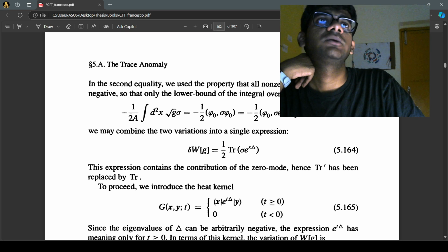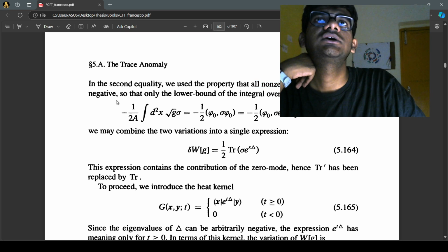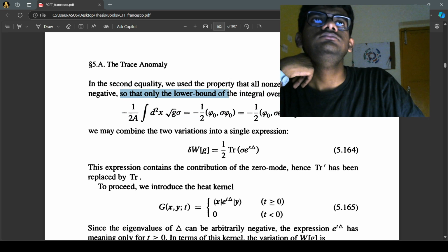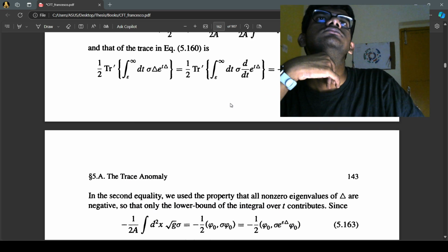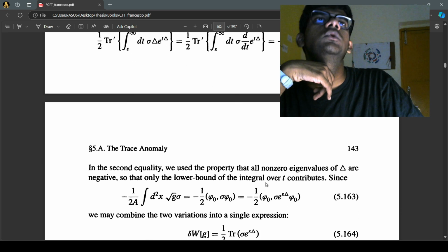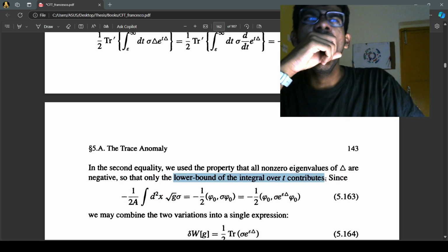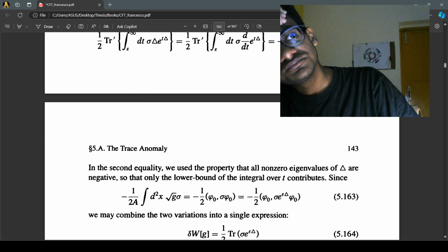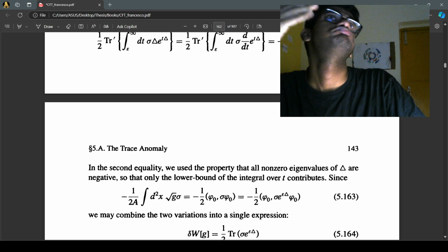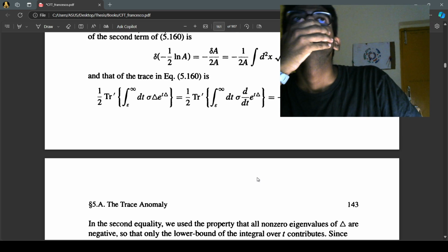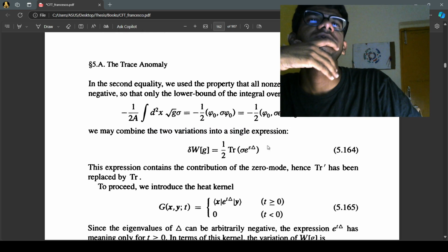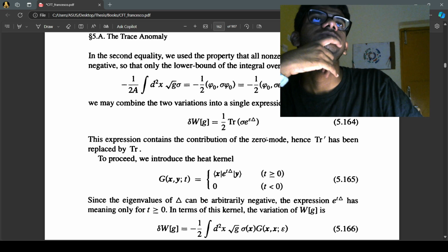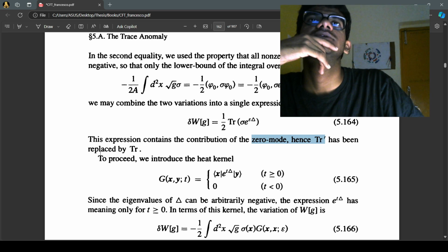In the second equality, we use the property of all non-zero eigenvalues of the Laplacian being negative. We may combine the two variations into a single expression. It contains the contribution of the zero mode, hence Tr prime has been replaced by Tr.